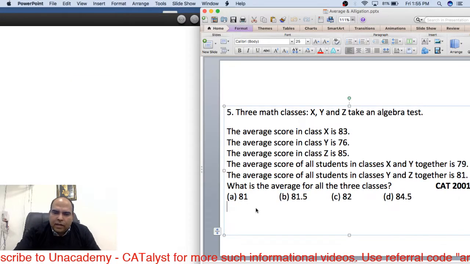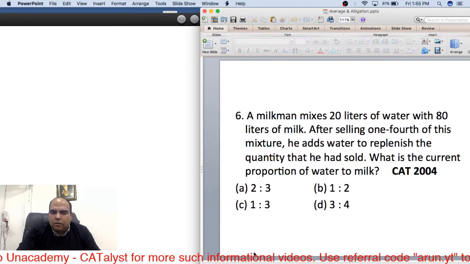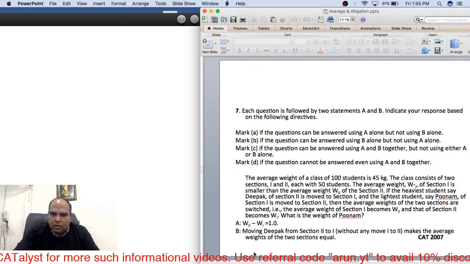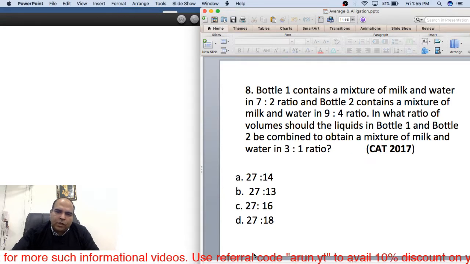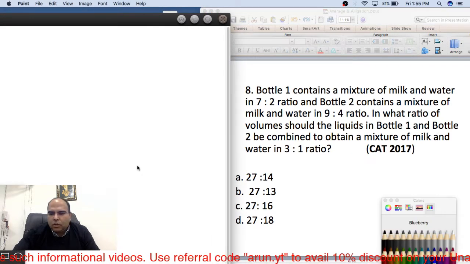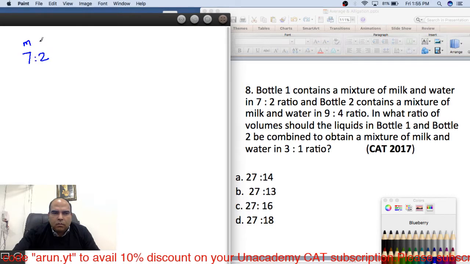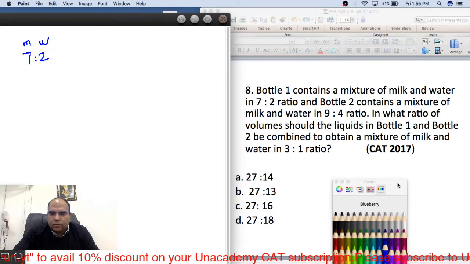Right, so let's look at the next question now. I'll pick up this question next. The question says, bottle 1 contains a mixture of milk and water in the 7:2 ratio.